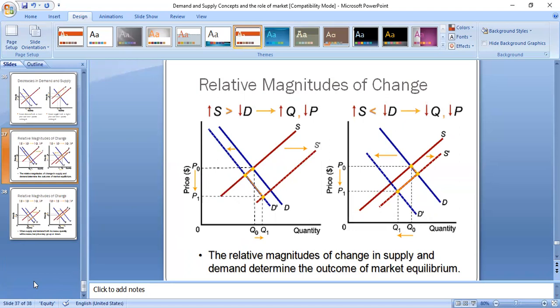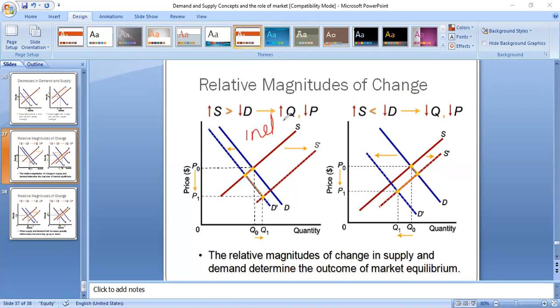For example, we realize in this particular curve one that this curve is inelastic, right?